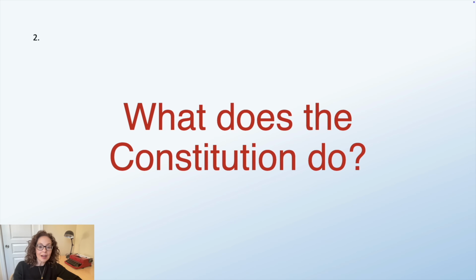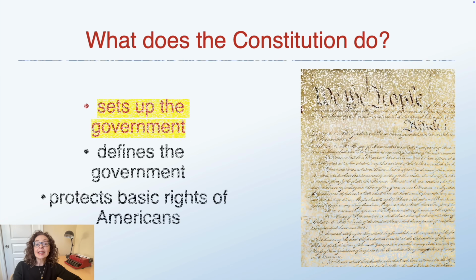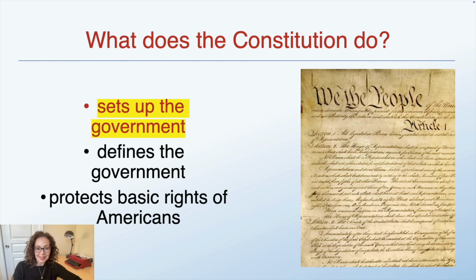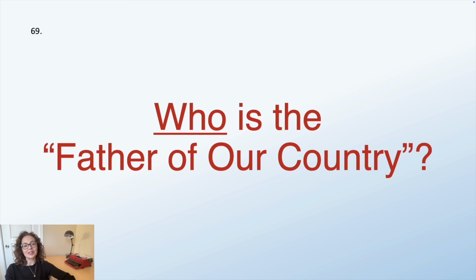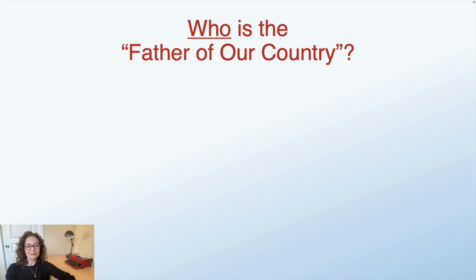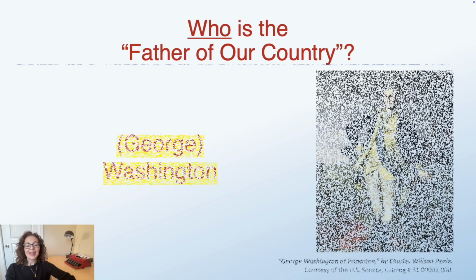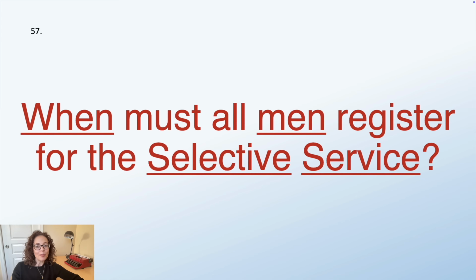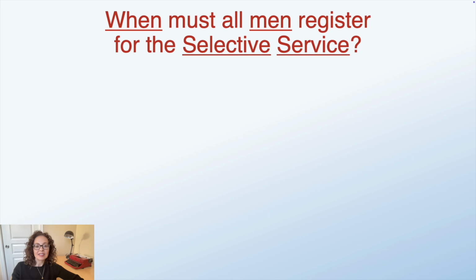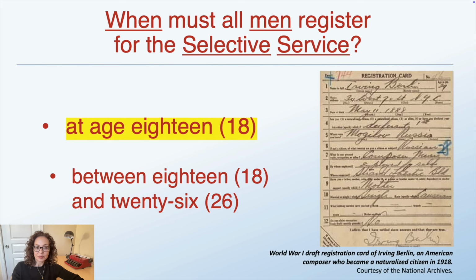What does the Constitution do? It sets up the government. Who is the father of our country? That is George Washington. When must all men register for the selective service? At age 18.